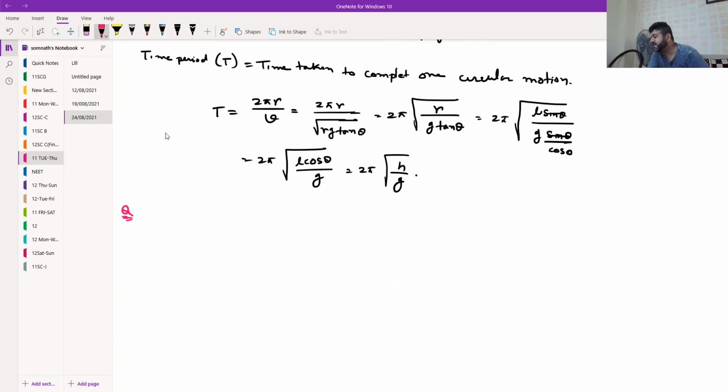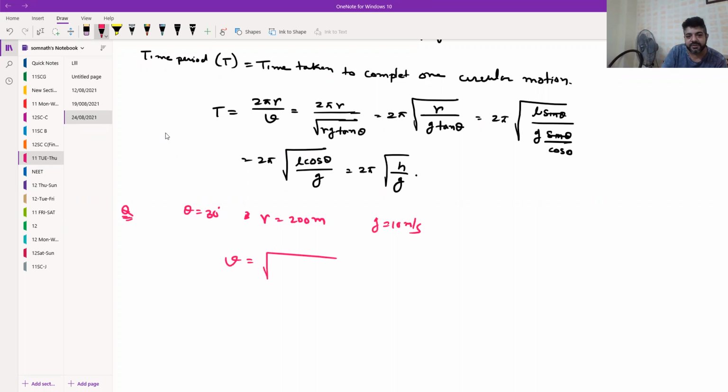An electric bulb is suspended from the roof of a railway train by a flexible wire and shifts through an angle of 30 degrees, when the train goes horizontally round a curved path of radius 200 meters. Find the speed of the train. g is given as 10 meters per second squared. You can take it. So we know speed is root of rg tan theta.